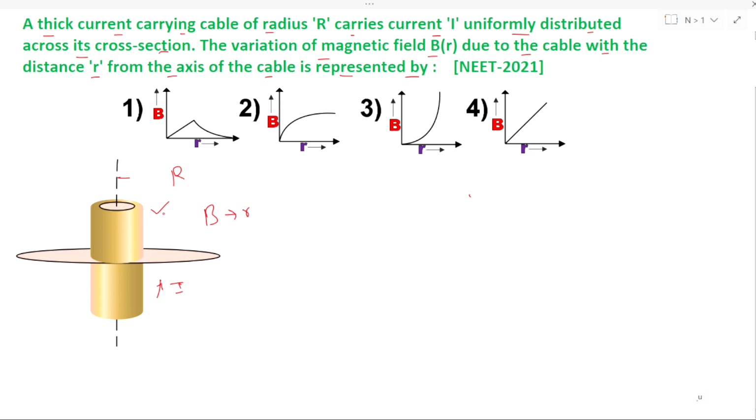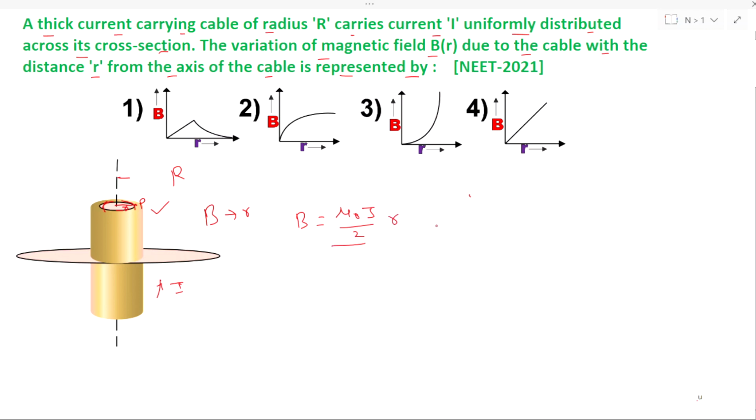Now, for this, let us consider a point P inside the cable, which is at a distance r. Now, if you apply Ampere's circuital law to this circular Amperian loop, you get the value of B inside the current carrying cable as B is equal to mu naught J r by 2, where J is the current density.